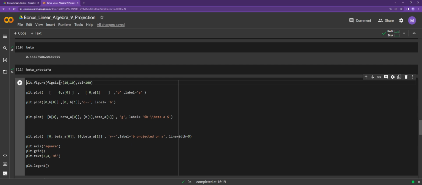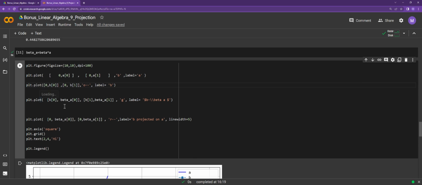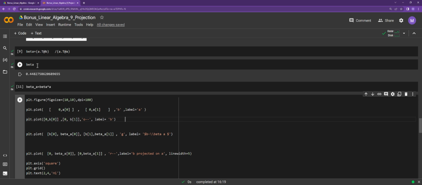So plt.figure, fix dpi equals 100. That is to give a high resolution to the plot. plt.plot, plotting vector A, and I'm choosing color blue. Plotting vector B, and I'm going to be plotting now the projection.